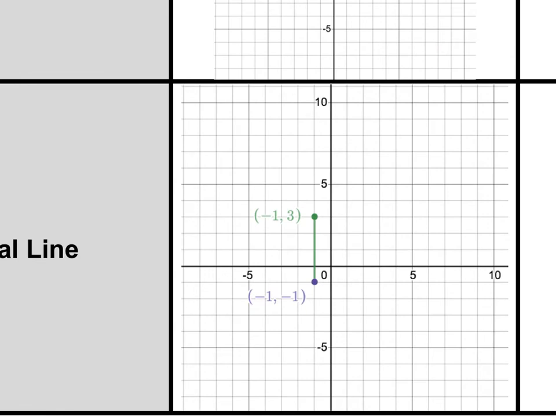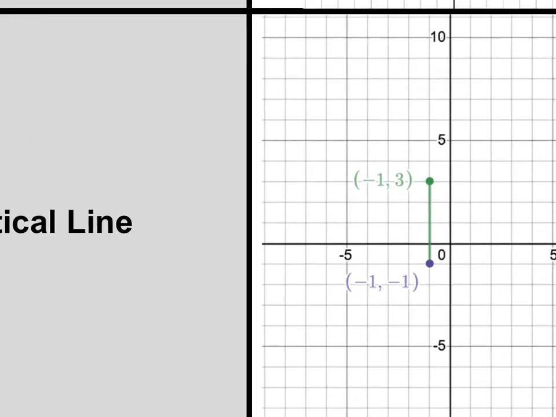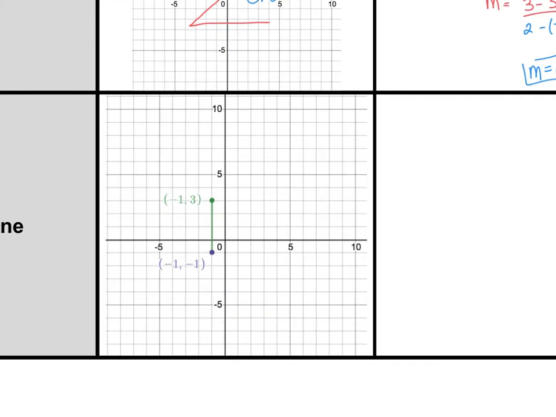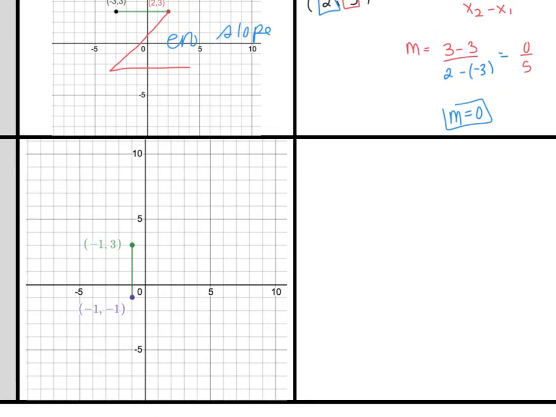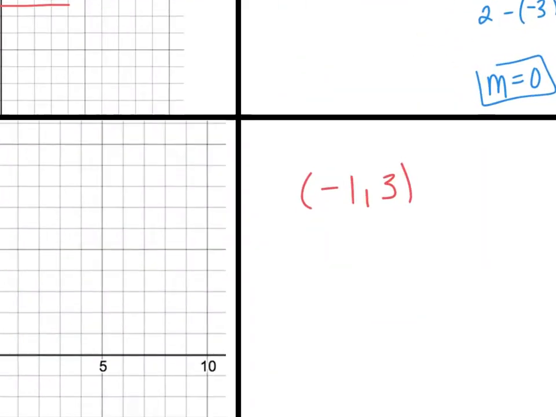If I look at this example, vertical lines go up and down, so top to bottom of my page. In this example, my points are -1, 3, and -1, -1. Let's find the slope of those 2 points now. So I have -1, 3, and -1, -1.